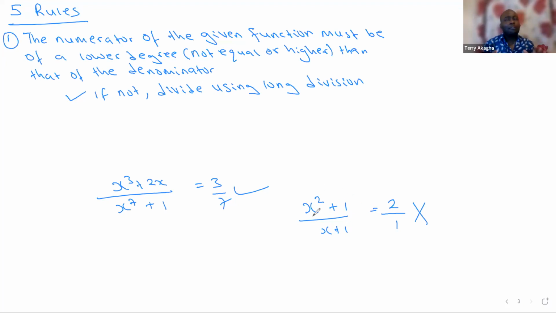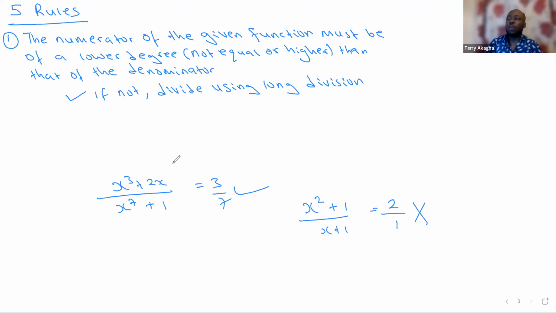I have uploaded a video on long division, so I advise you go back and have a look and try as much as possible to understand it before coming here, because we're going to apply long division in several cases, especially when the numerator is higher than the denominator or equal to it.